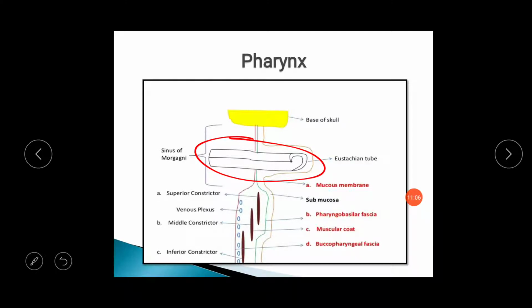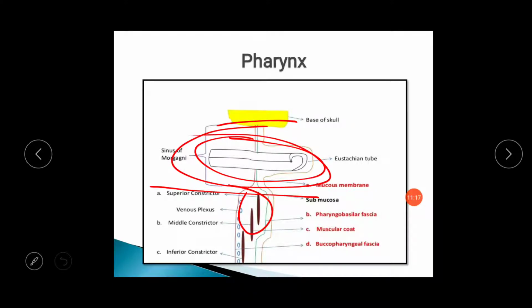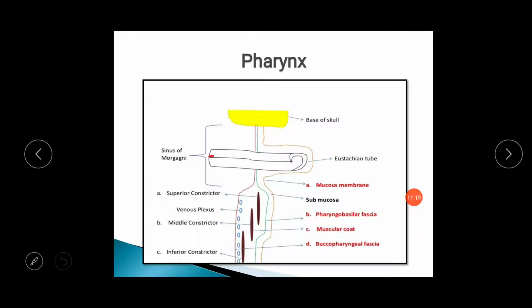They pass through the sinus of Morgagni, which is a dehiscent part between the base of skull and the upper border of the superior constrictor muscle. The eustachian tube, levator veli palatini, tensor veli palatini, and ascending palatine artery will pass through this opening or sinus.